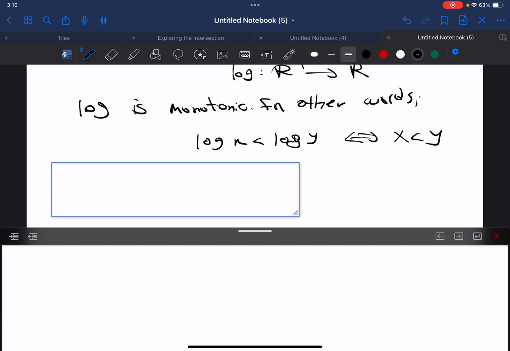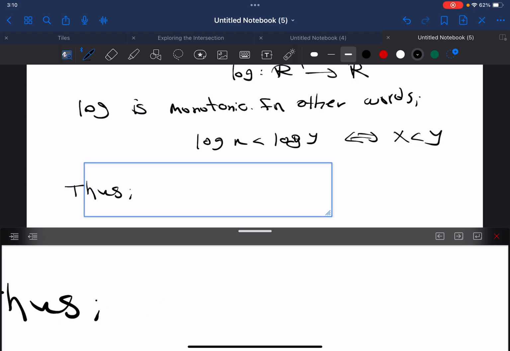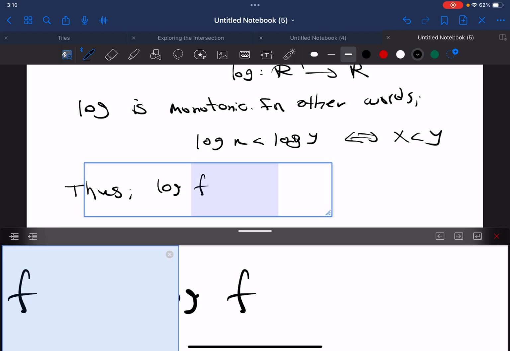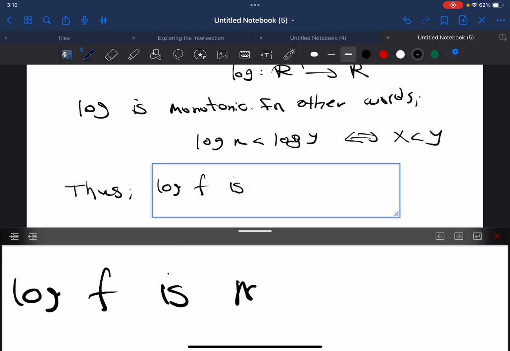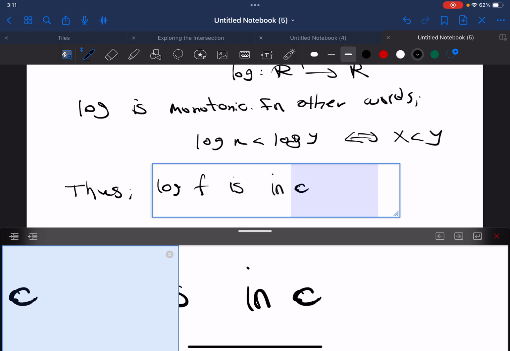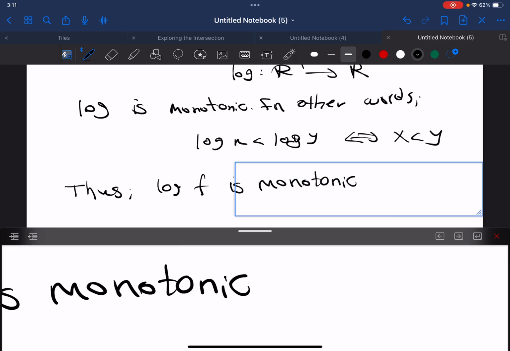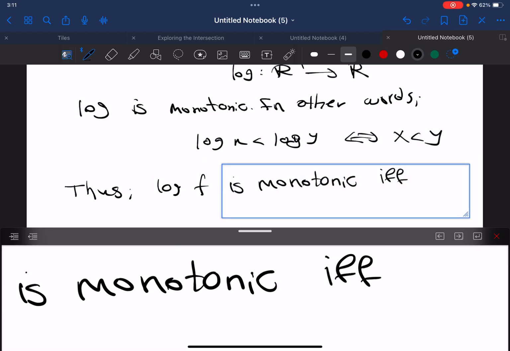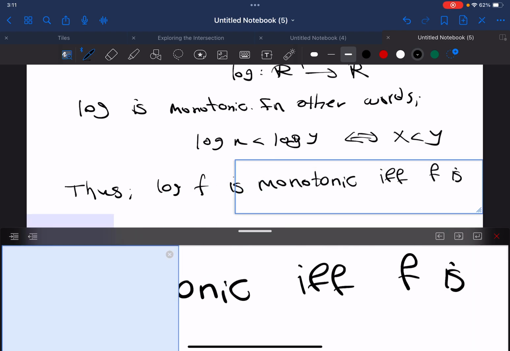And so therefore we have that log of f is, instead of increasing, I'm going to use log of f is monotonic if and only if f is monotonic.